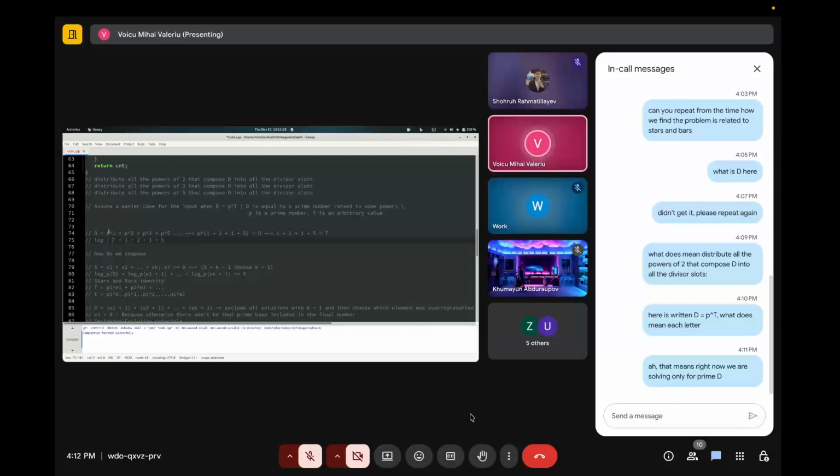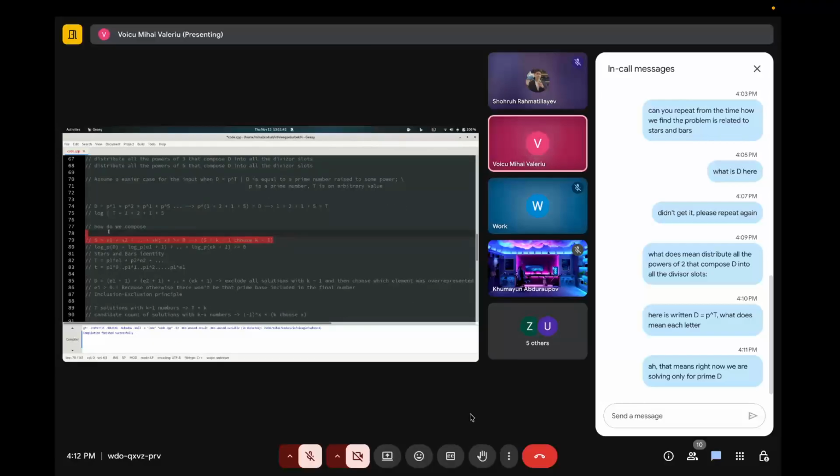So then we have a value, and we want to split it into smaller values such that their sum is equal to that value. So it's this, which is basically just stars and bars, well established.